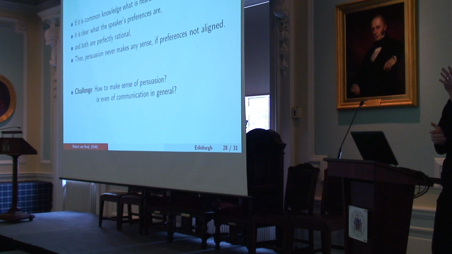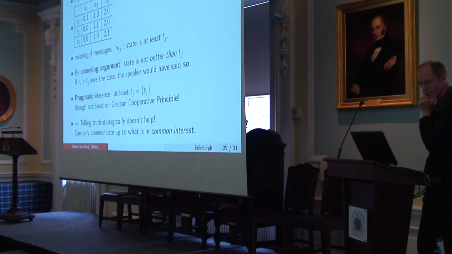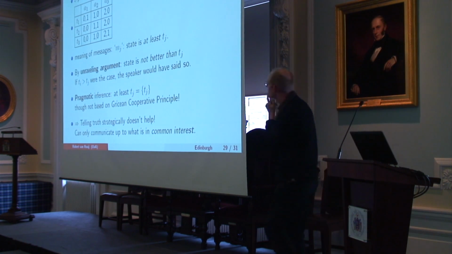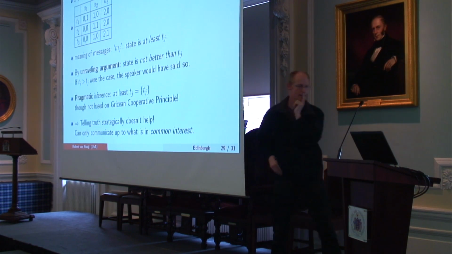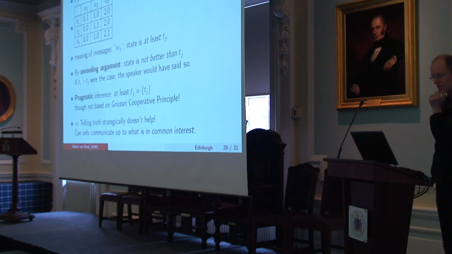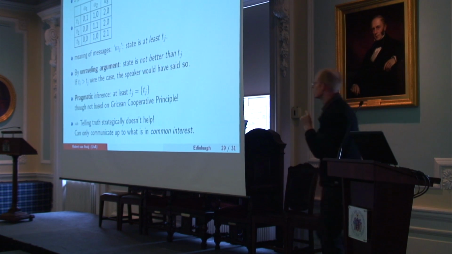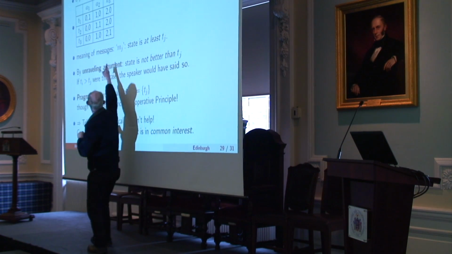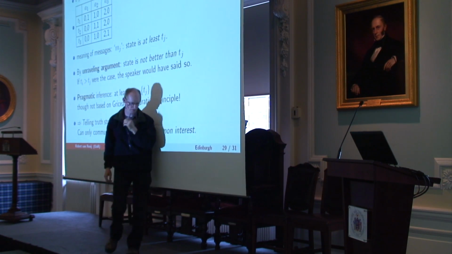So the challenge is how we can make sense of persuasion, or even of communication in general. Here's a particular example. We have a different game theoretic problem with three situations and three actions. Everywhere we have two payoffs: the first one is my payoff, and the second one is your payoff.